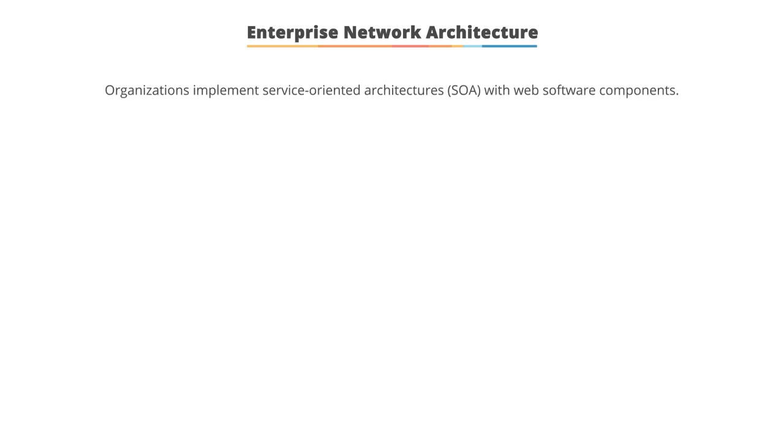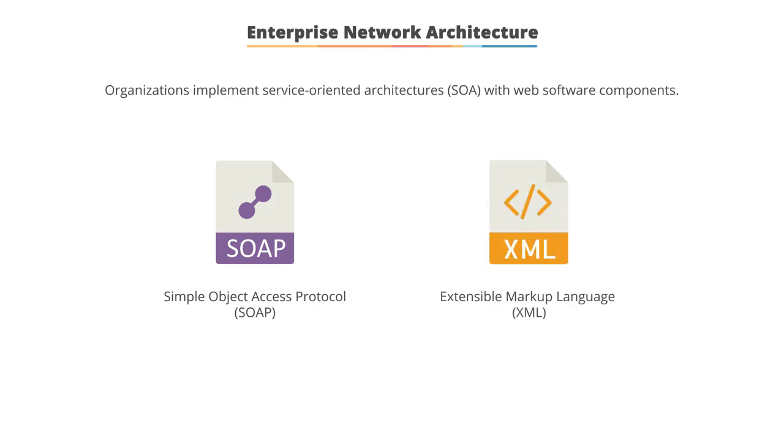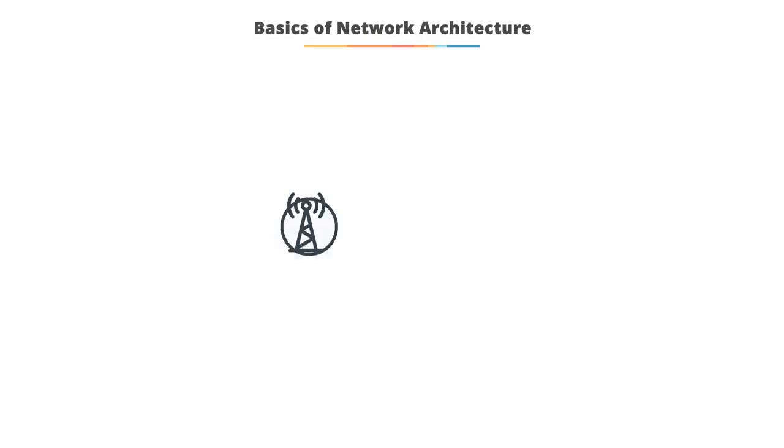Organizations may implement service-oriented architecture with web software components using Simple Object Access Protocol, or SOAP, and extensible markup language, XML. Within such an environment, information is highly accessible and available anytime, everywhere, and stored centrally.